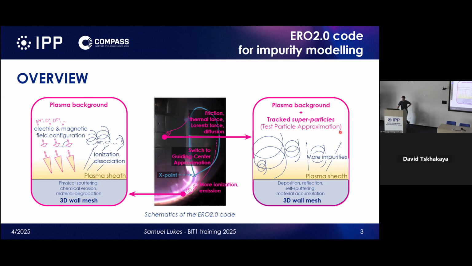That means you have to assume that the particles you simulate do not affect the plasma background which you provide to the code, which is not true in every case, but at least it is reasonable. And then of course the particle can be deposited, reflected, or whatever.